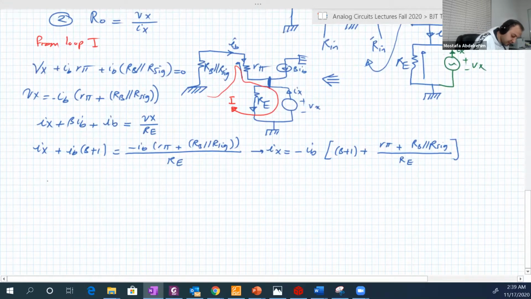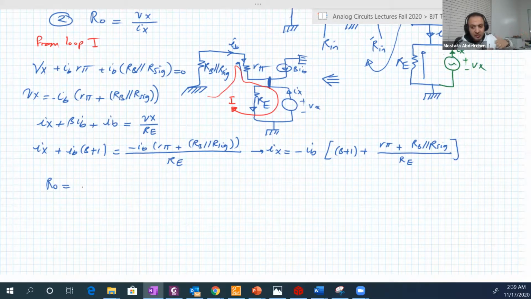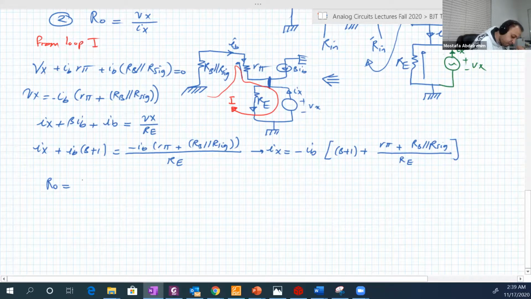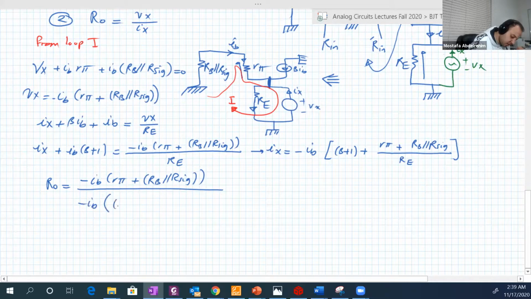Good. Now let's find RO, because now V input or Vx and Ix both are function of IB. So we can divide them safely and IB will just go away. So RO is equal to Vx, which is minus IB (R pi plus RB capital parallel R signal) over Ix, which is minus IB again, then we have (beta plus 1) plus (R pi plus RB parallel R signal) over RE.